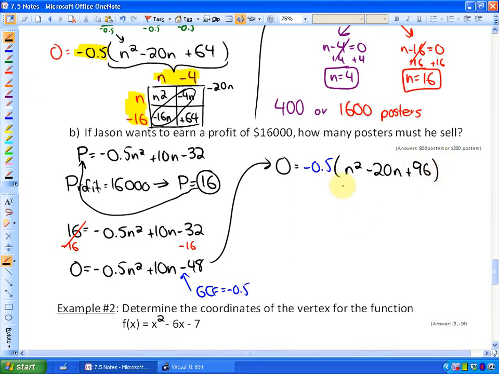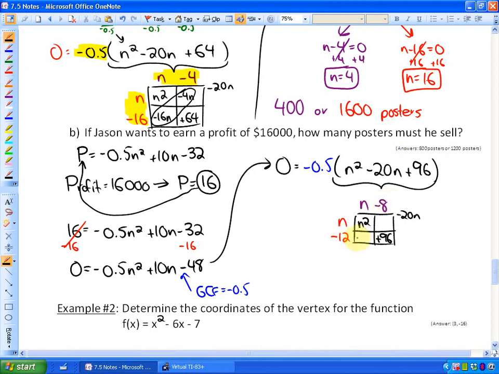And in this case, if I factor this trinomial, the two values that multiply to 96 and add to negative 20 will be negative 8 and negative 12.